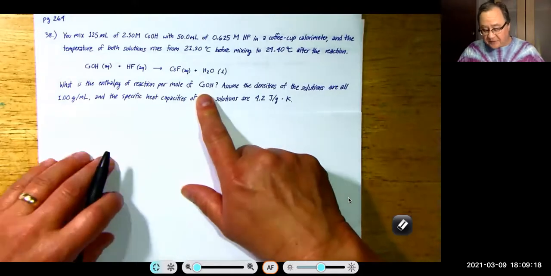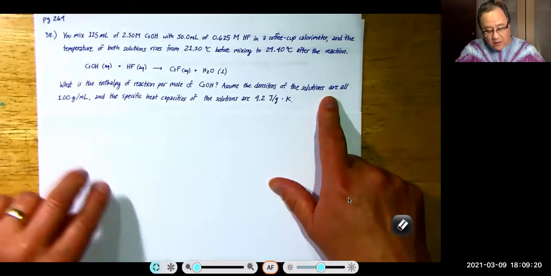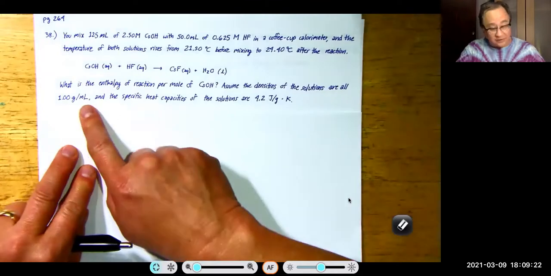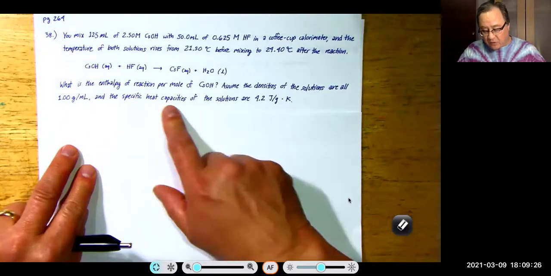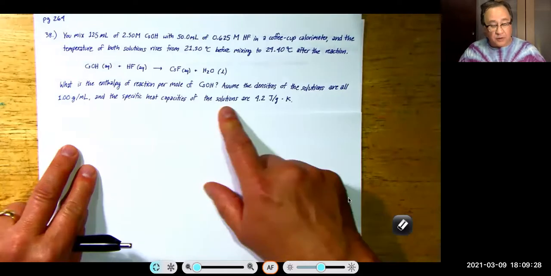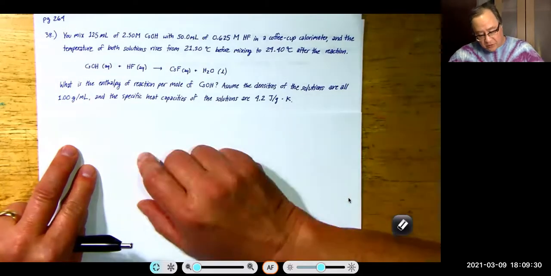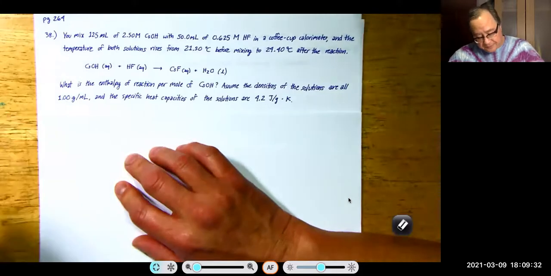Assume the densities of the solutions are all 1.00 gram per milliliter, and the specific heat capacities of the solutions are 4.2 joules per gram per K. So I'm going to draw a quick little picture here.